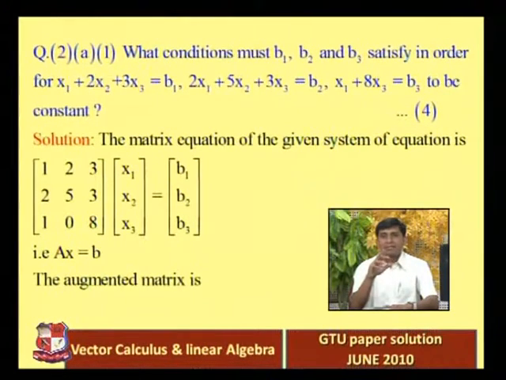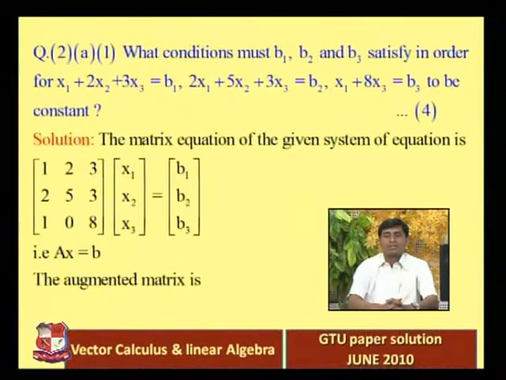The matrix equation of the given system of equations is 1 2 3. The first row is exactly the coefficients of x1, x2, x3 from the first equation, that is 1 2 3. Then the second row is from the second equation, that is 2 5 3. The third row is from the third equation, that is 1 0 8.